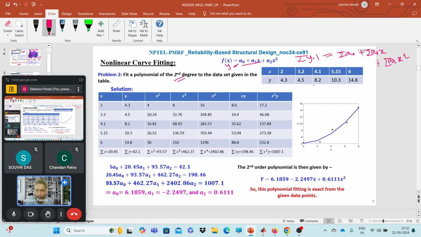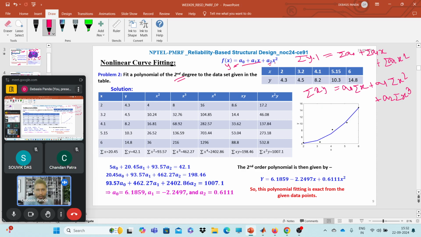Now the second equation will be the coefficient of a1, that means x. So you need to multiply both sides with x and sum them up. Summation xy is equal to a naught summation of x plus a1 summation of x square plus a2 summation of x cube.